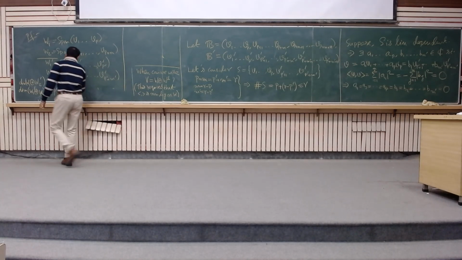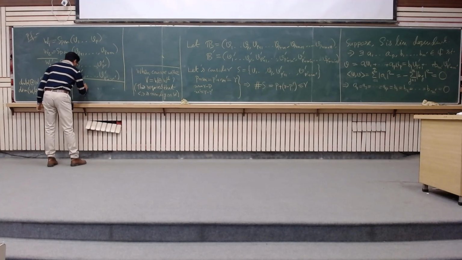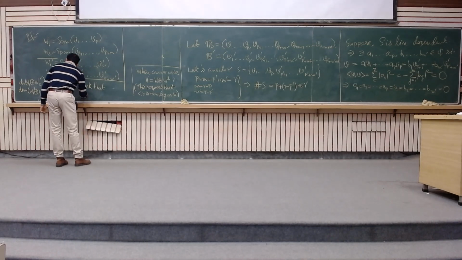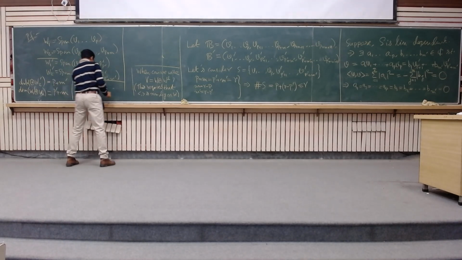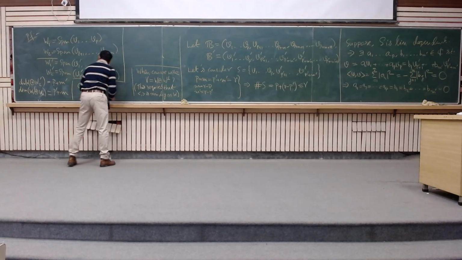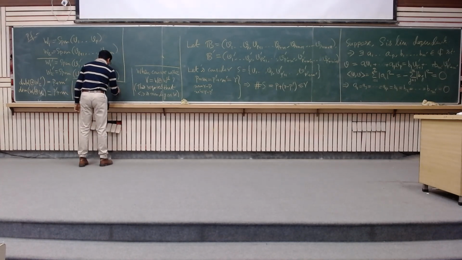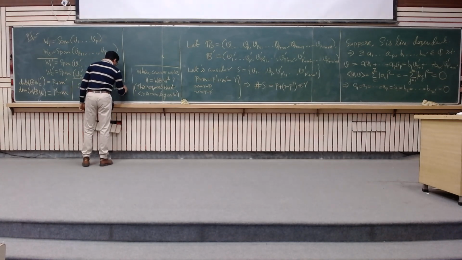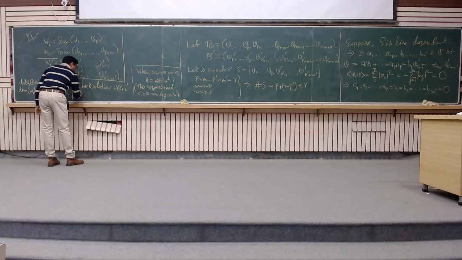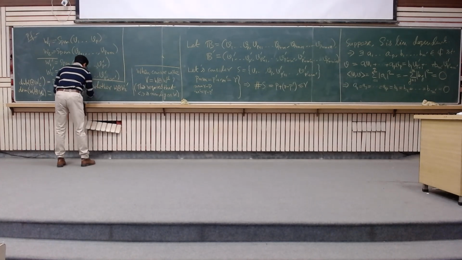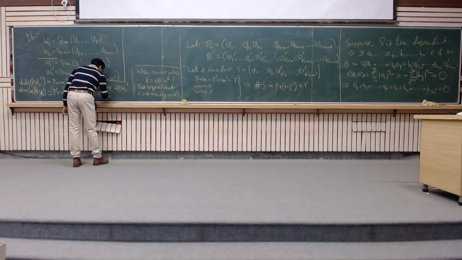Okay. So check whether W1 direct sum W2' and V perp, or W1' direct sum W2 and V perp, are independent.